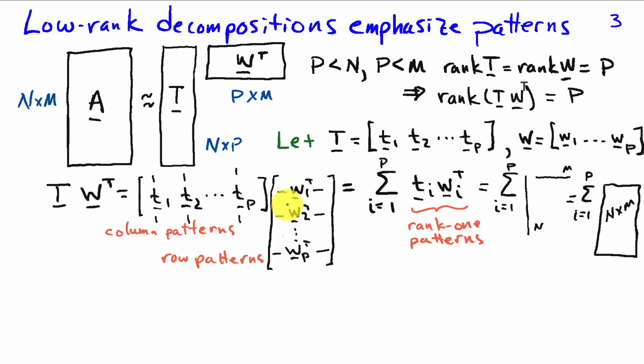So when I do this multiplication, I have T1 times W1 transpose plus T2 times W2 transpose and so on. And I see that I can write this as a sum of i equals 1 to p of Ti Wi transpose, and each of these products is a rank 1 matrix because it's a product of an n-dimensional column times an m-dimensional row vector. And that results in an n by m matrix. In this form, we're writing A as a sum of these rank 1 pattern matrices.